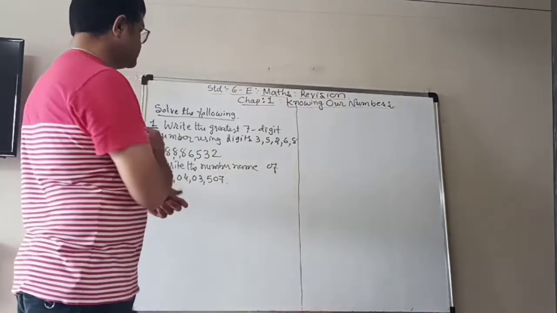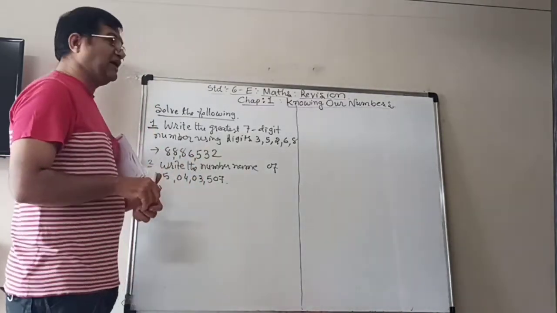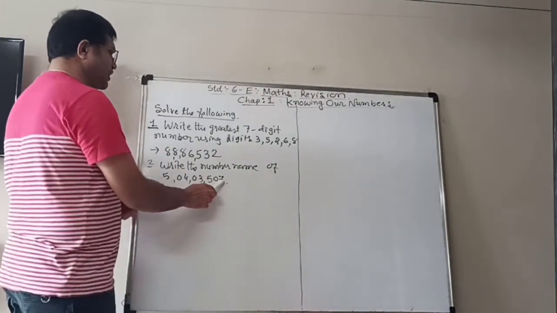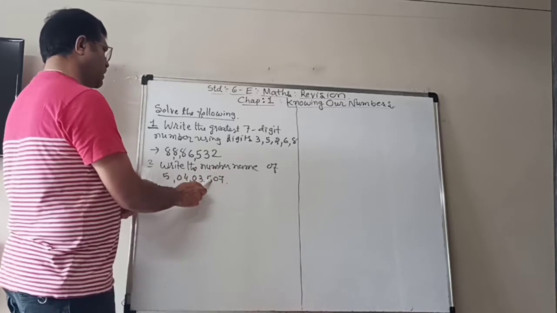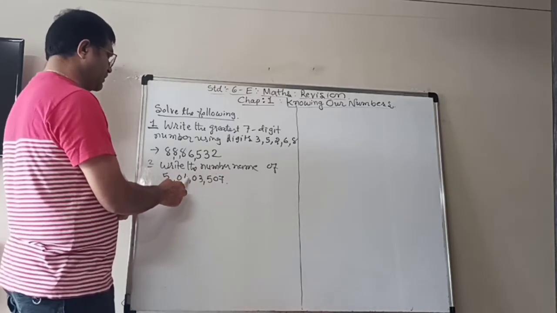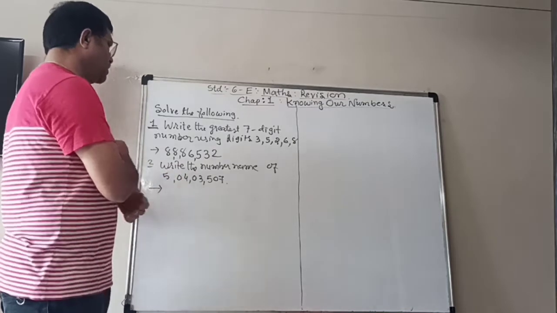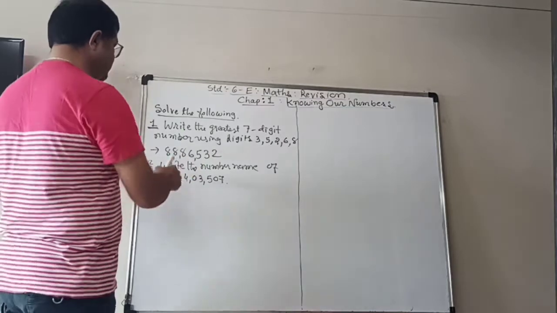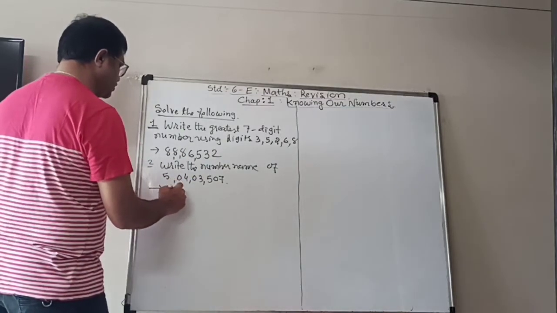Now here you know the places and place values. Starting from here, unit digit, tens, hundreds, thousand, 10,000, lakh, 10 lakh and crore. So it is starting from crore. So 5 crore.